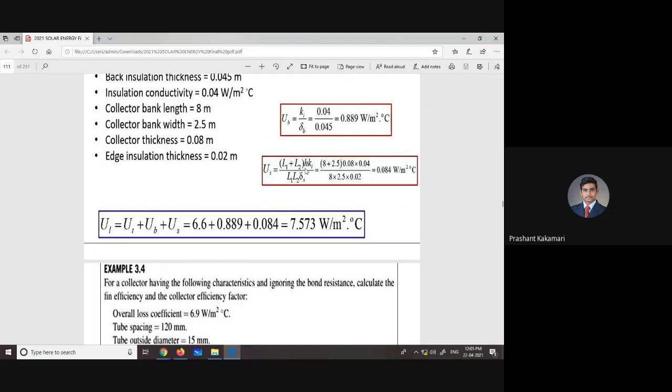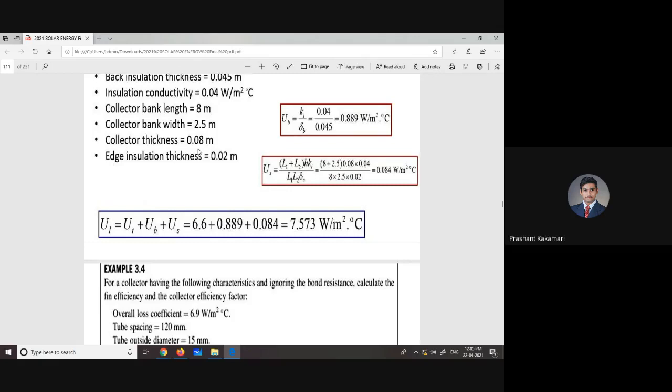H is the height of the collector plate, or thickness. Actually, thickness in the sense of height is what they have considered here. Height of the collector plate or the thickness of the collector, from bottom to top, what is the thickness of the entire flat plate collector?